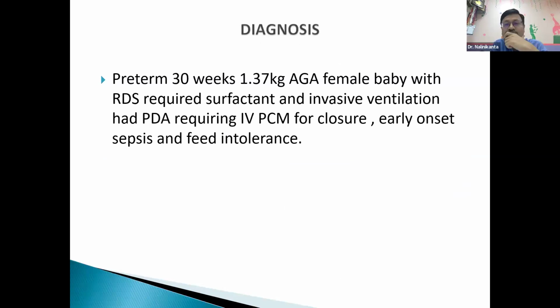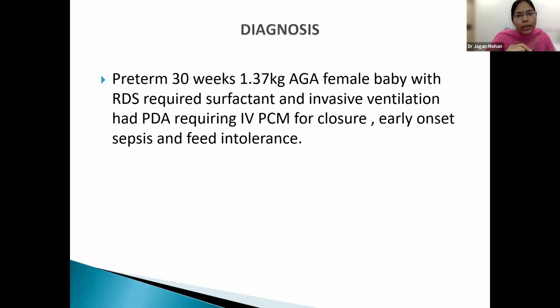Coming to the diagnosis, this is a preterm 30-weeker child of 1.37 kgs, appropriate for gestational age. Female baby with RDS, required surfactant and invasive ventilation with a mode of SIMV and volume guarantee.